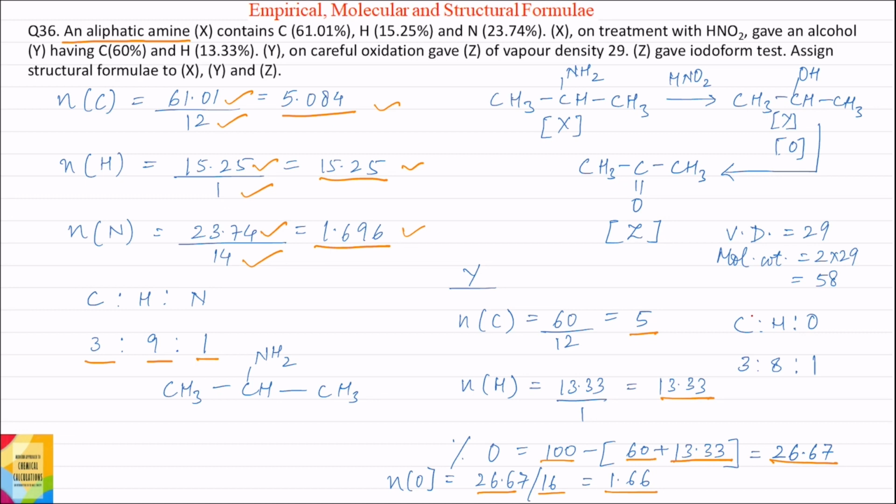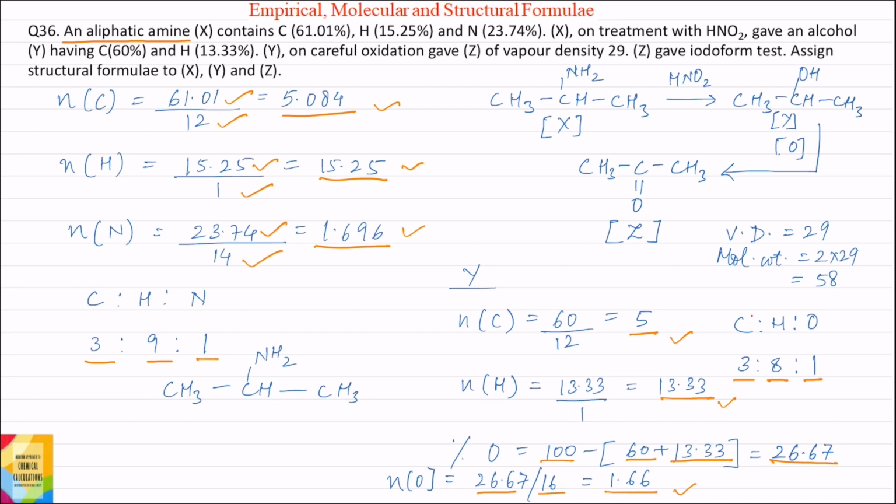Now dividing moles of carbon, moles of hydrogen and moles of oxygen by 1.66, we get a simple ratio between moles of carbon, hydrogen and oxygen, which is equal to 3:8:1. Now this compound Y is also a 3-carbon compound and Y is an alcohol.